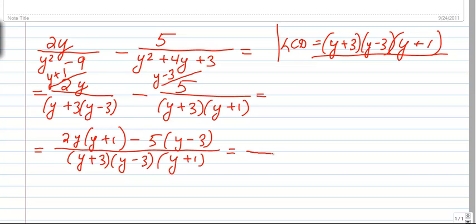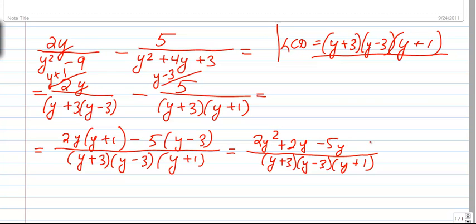And now we can start distributing, but before, we rewrite the denominator. Okay, 2y squared plus 2y minus 5y plus 15.